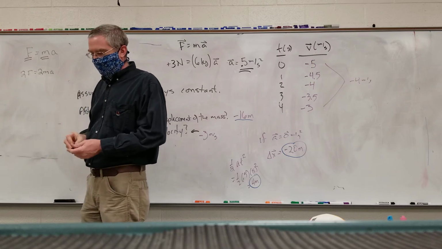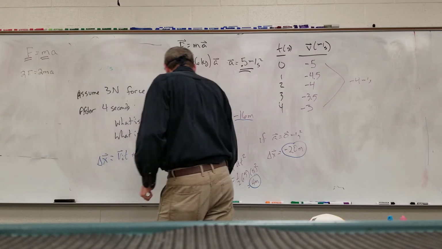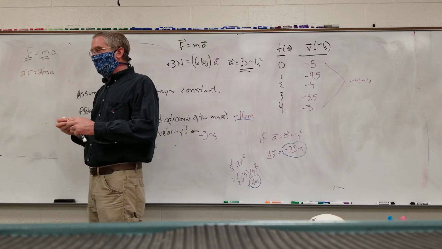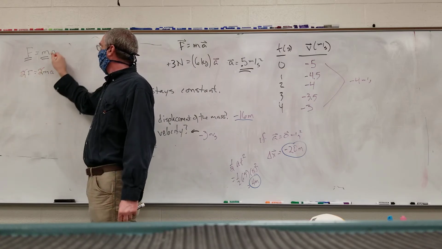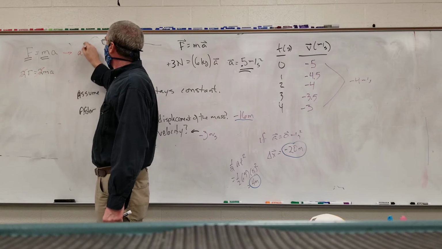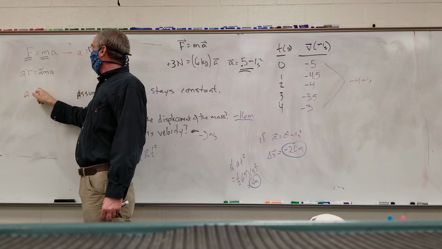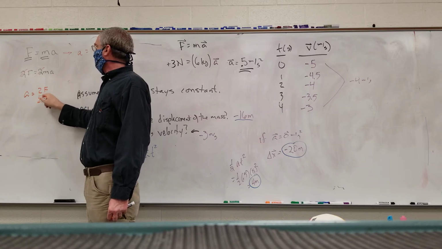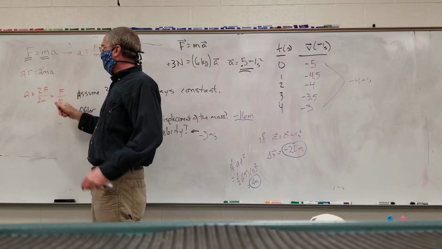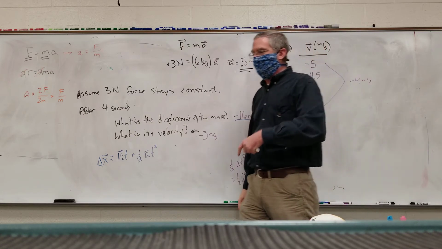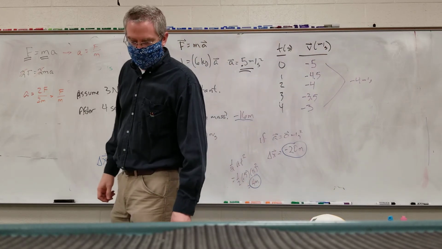Well, all I've done is multiply both sides by 2. If I divide by 2, I'm back to what I started with. The acceleration stays the same. Or from this point of view, acceleration is force over mass. Here, acceleration is 2 times the force over 2 times the mass, which is just force over mass. So yet more support for the exact same thing, the fact that they would fall at the same rate.